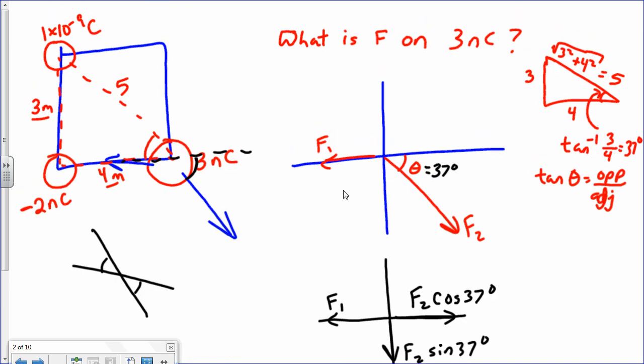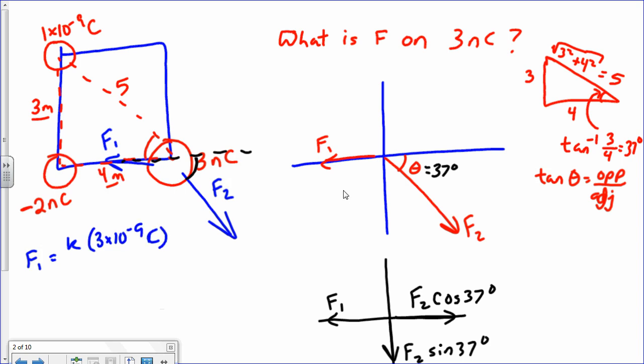Alright, so I want to now take a little aside over here and find out what is F1 and what is F2. F1 is going to be K times Q, which is 3 nanocoulombs, times 2 nanocoulombs, divided by r squared, which is 4 meters squared.